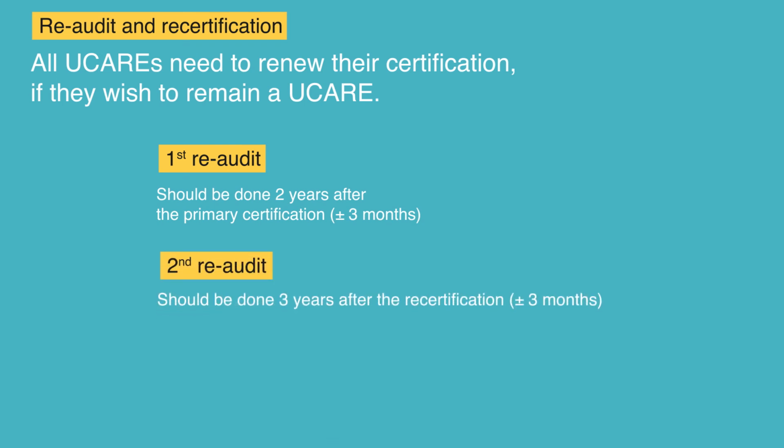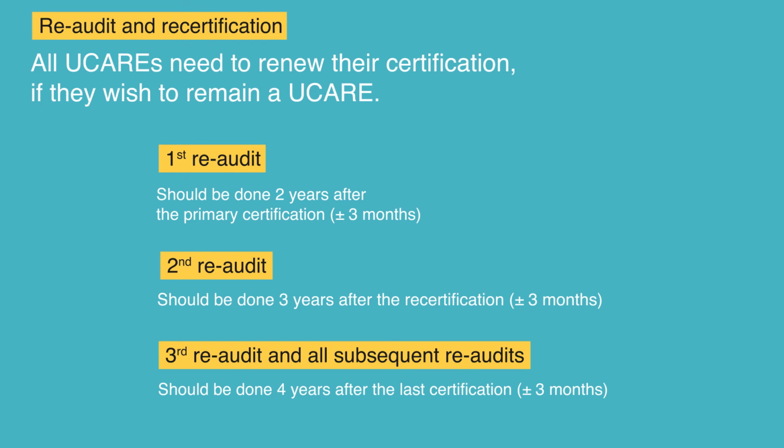The second re-audit should be done 3 years after the recertification. The third and all subsequent re-audits should be done 4 years after the last certification. UCAREs who want to be recertified should be in touch with the UCARE office in a timely fashion to coordinate the re-audit.